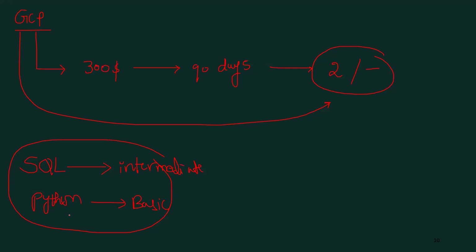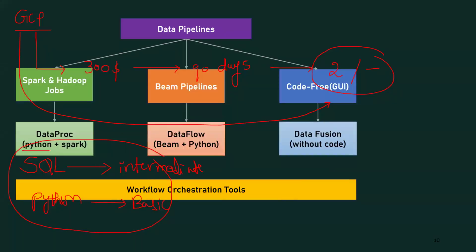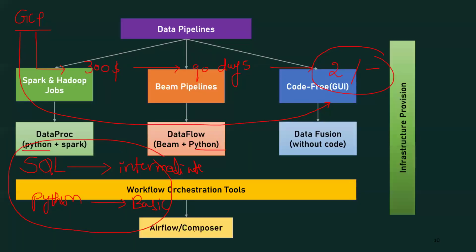I can only say in Dataflow we will use Java, but in all other places, wherever I mentioned it, it is Python, and Composer is nothing but again Python. Some people actually use Java in Dataflow. That is the only place you will use Java. The thing is that a programming language is just a programming language, guys.